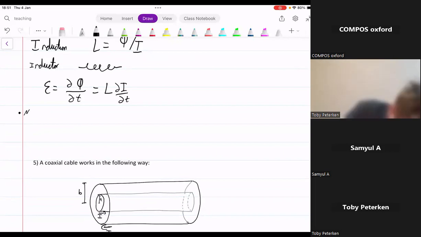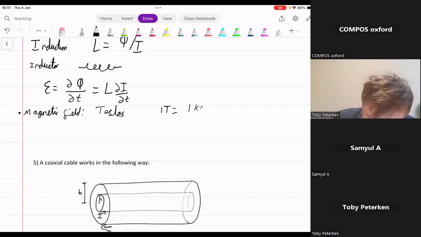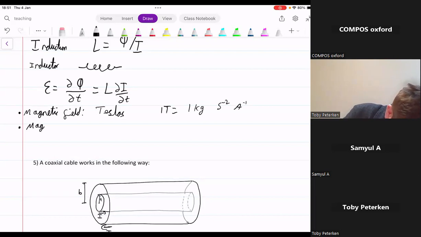So, magnetic field. This is measured in Teslas. And 1 Tesla is 1 kilogram per second squared per amp. Now, magnetic flux.